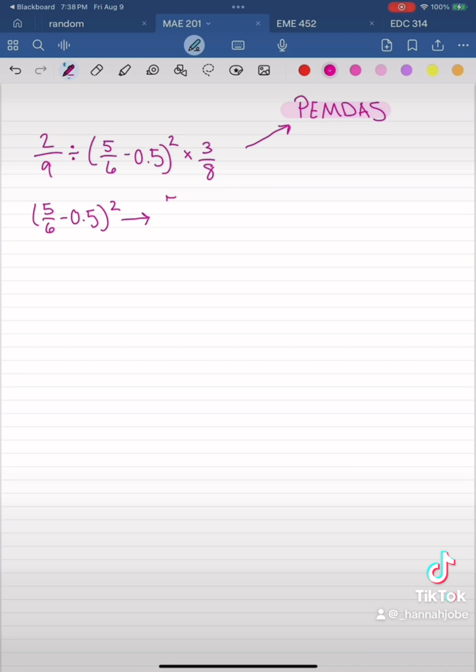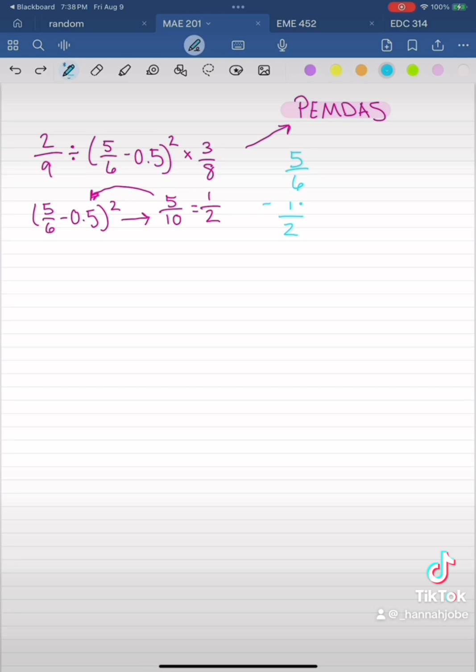So we'll bring that over here, turn that into 5/10, and then simplify to 1/2. And we know that is 1/2 because 5 divided by 5 is 1, and 5 divided by 10 is 2. So now we want to go ahead and subtract.